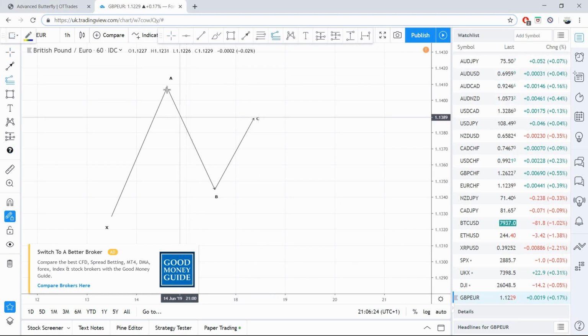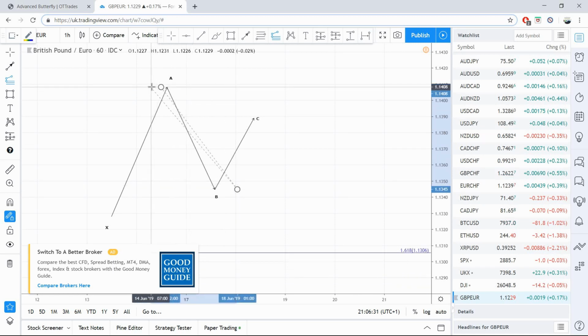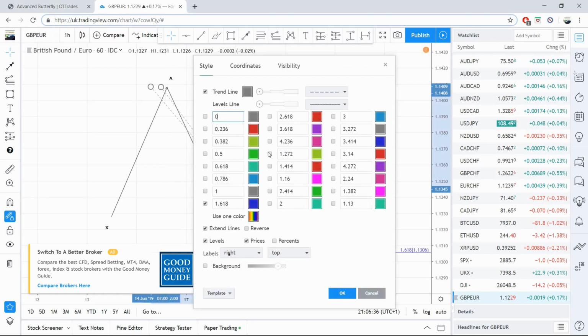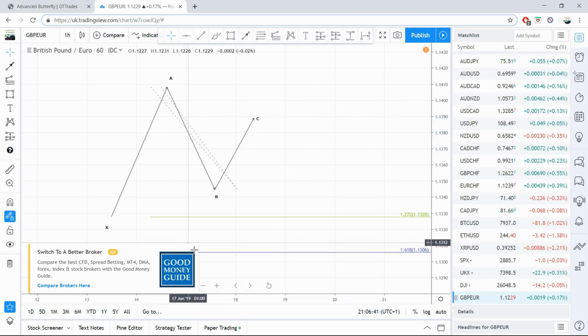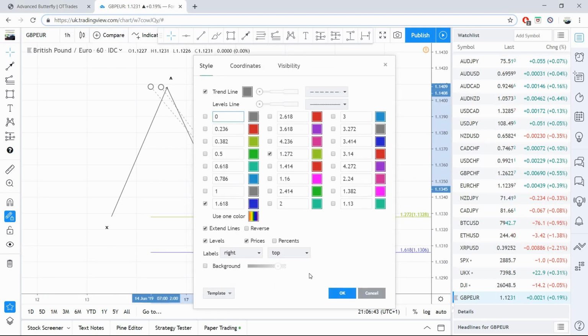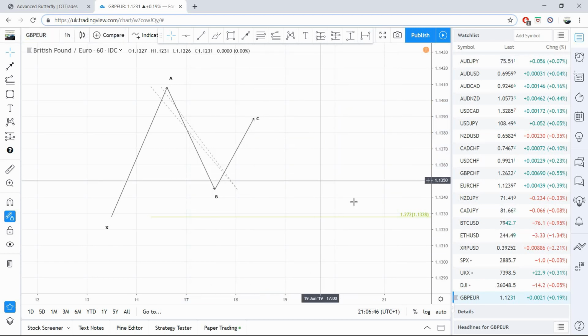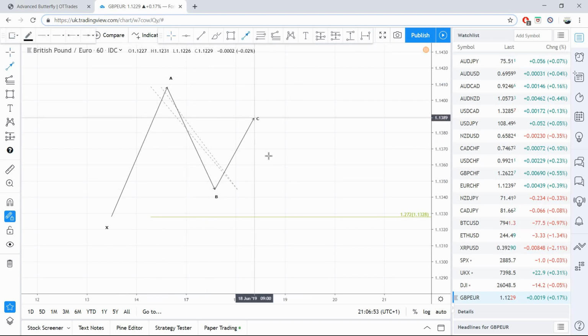So using the same leg as before that we used to calculate the C point, we're now using the extension tool, going from A to B, and we are looking for the 1272 of A to B. I'll remove the 1618 for now as well. So we're looking for that 1272 extension of A to B. So our D point completes here. So we can now draw this in.